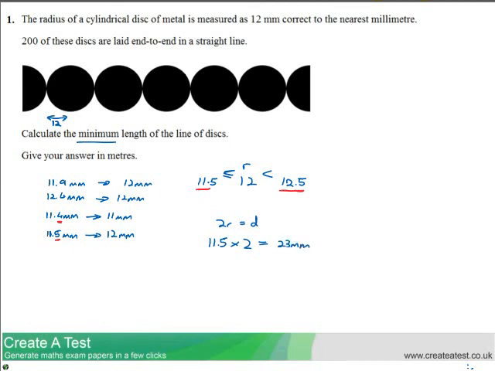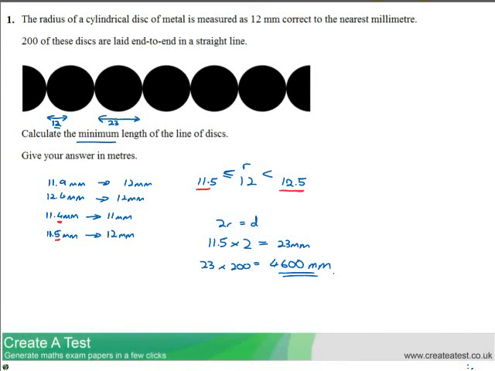And this is 23 as a minimum, as we know this is no longer 12 as a minimum. We have 200 of these discs, so we need to do 23 times 200, which gives us 4,600 millimetres. So that is the minimum that these discs lined up in a row.